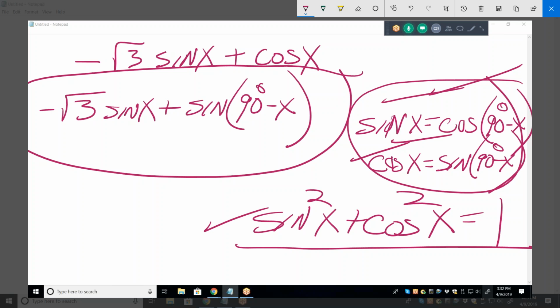Okay. And in this case, nothing's being squared. It's not even an equation, it's just an expression. They just wanted you to rewrite the expression in terms of sine. We've done that. And now notice that we could actually use the sum and difference formula for that part of it. Yes, sir. We could take it down a little bit, simplify it perhaps.